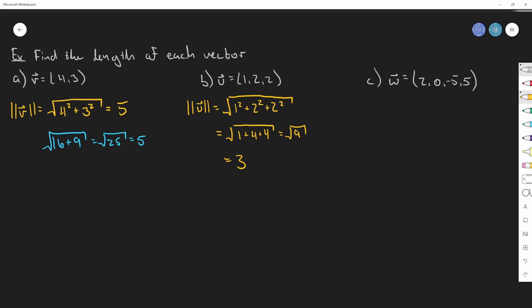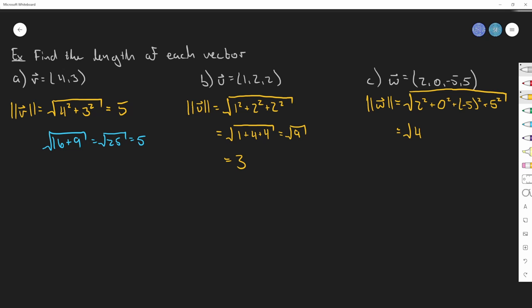And then our last one, again, it's just the same thing as the other two, just dealing with an extra term. So you'll have 2 squared plus 0 squared plus negative 5 squared plus 5 squared. As you can see here, that negative 5 becomes positive because you have the square.